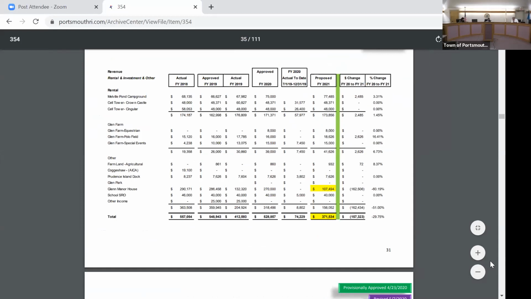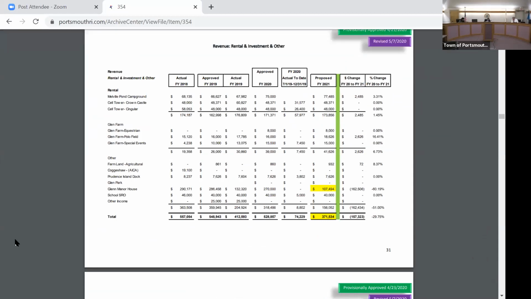We have revised the town's allocation of projected Glen Manor House revenue from $265,031 to $107,494. Additionally, the original revenue summary did not include $40,000 that the town receives for the school resource officer positions. This has been corrected and is reflected here. So you see the highlight 107,494, and immediately below that you see $40,000.